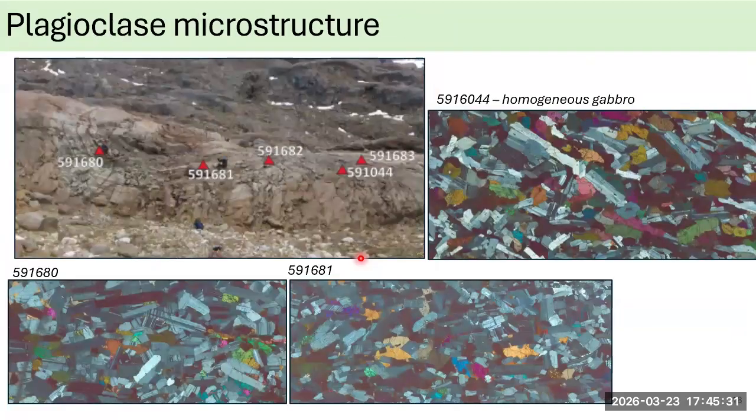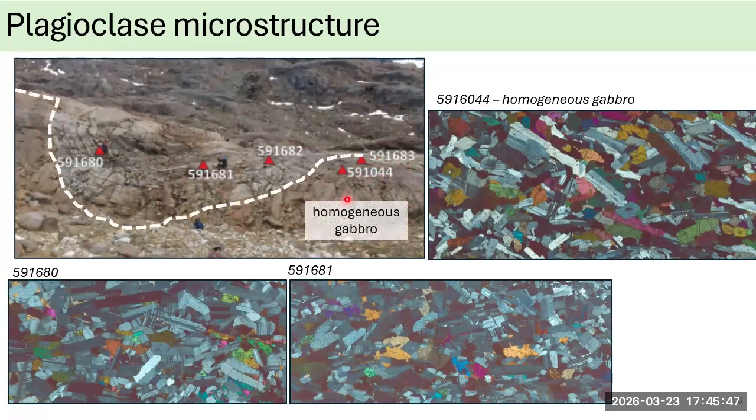That was kind of interesting. So we looked at the samples. We are currently trying to revisit this study, and we have a lot of samples within the trough layers and outside in the homogeneous gabbro. So here is a trough layer, here is a homogeneous gabbro on the side.